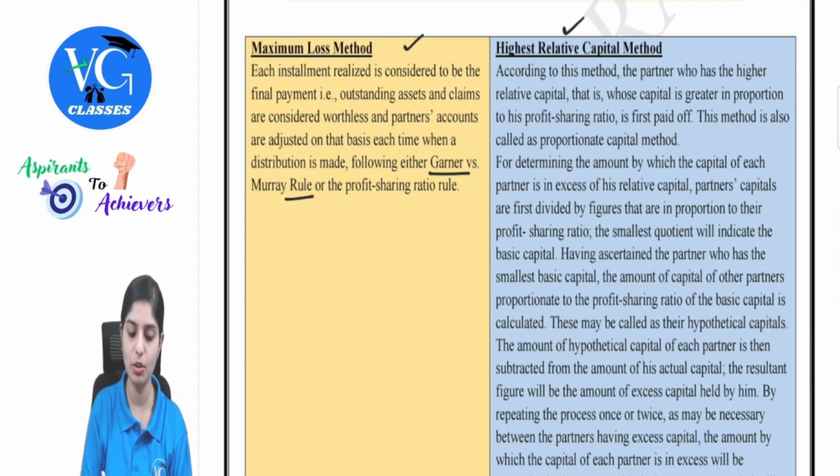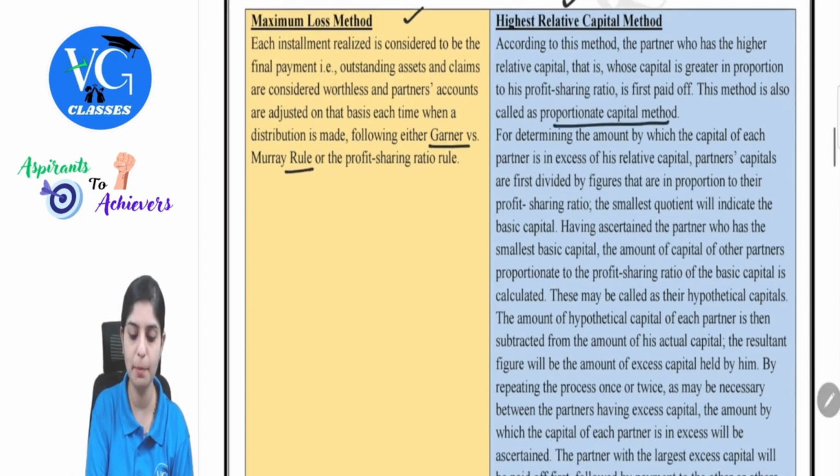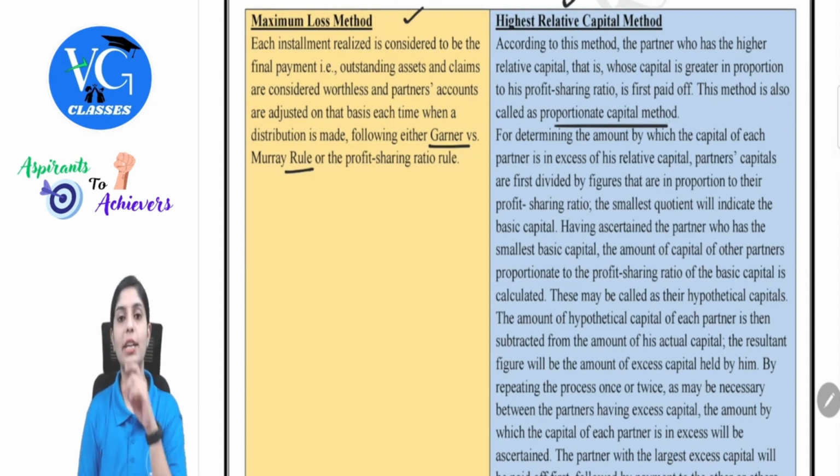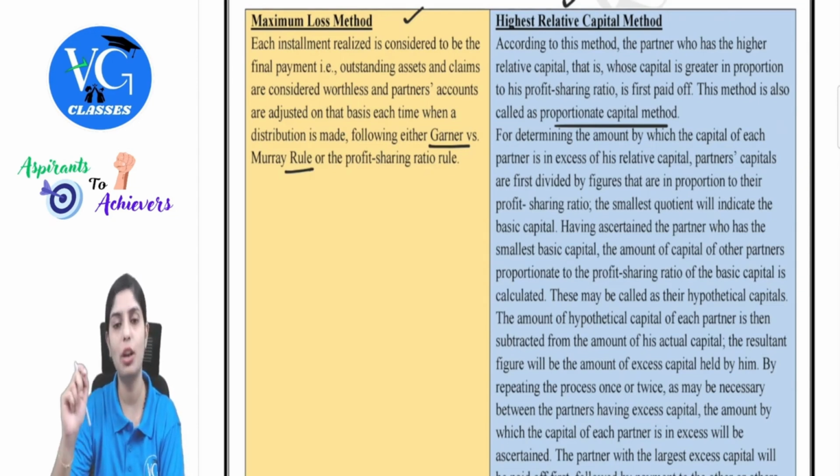So this method is also called the proportionate capital method because of this step. Taking that proportionate capital, we will understand something called excess capital. That is, minimum required is so much, but how much extra the partner has invested. So considering that, we will understand the ranking, who takes the first order in receipt of installment.